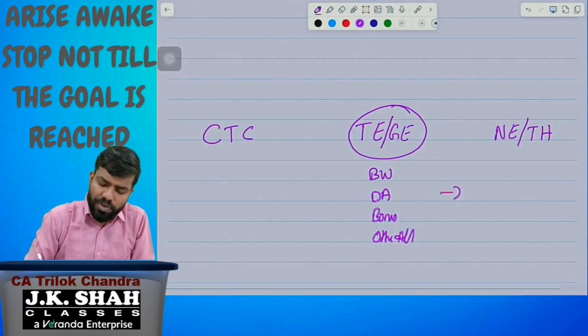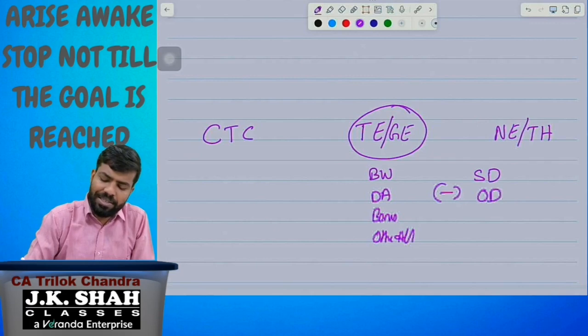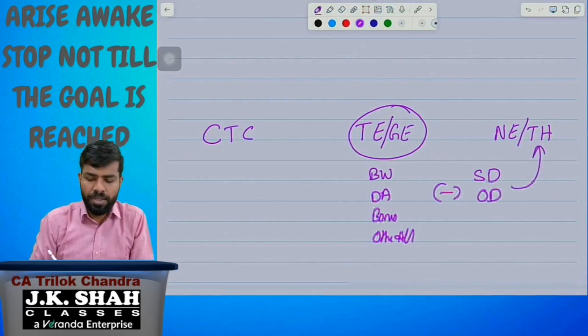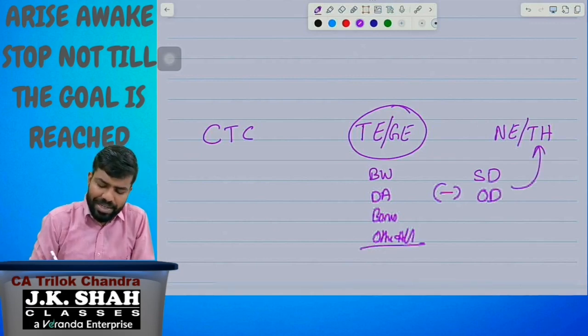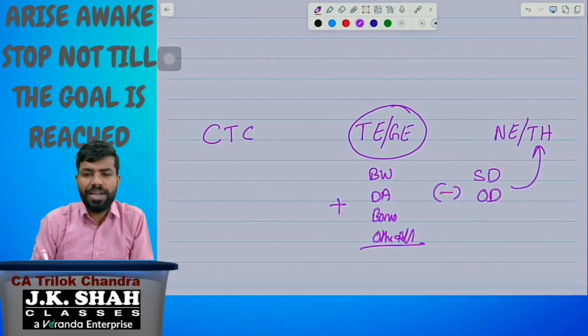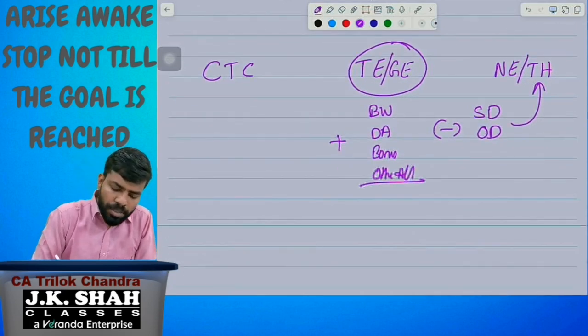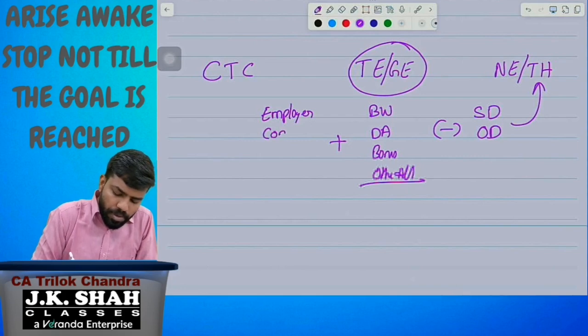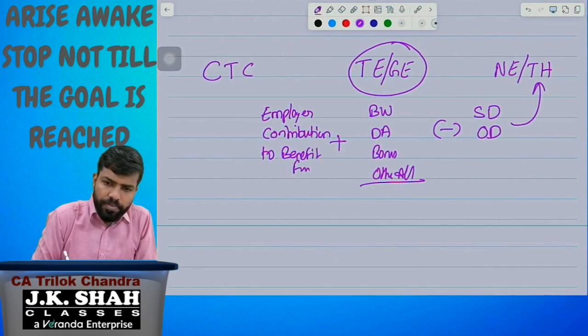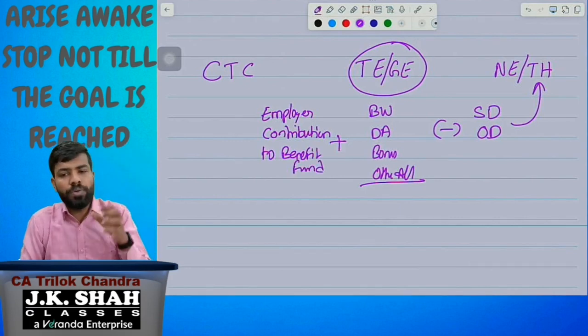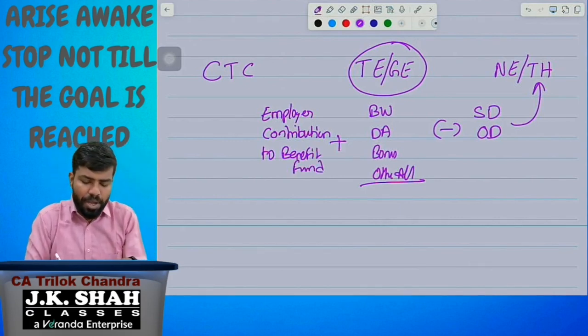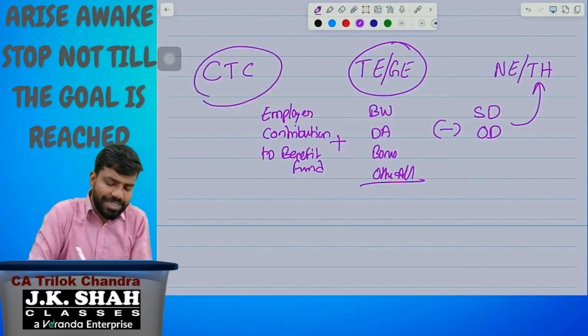From this, if you reduce statutory deductions and other deductions, we get net earnings. To this total earnings, if you add employer contribution to benefit funds, we get CTC.